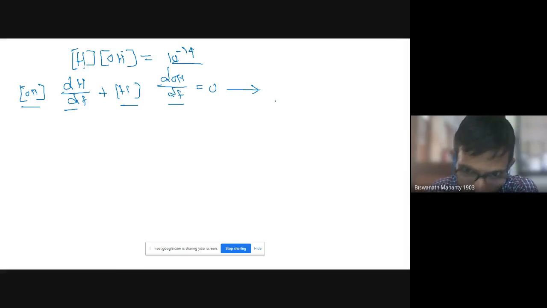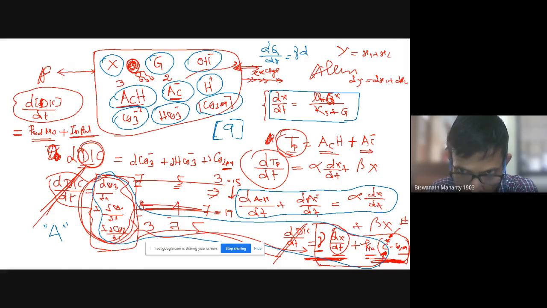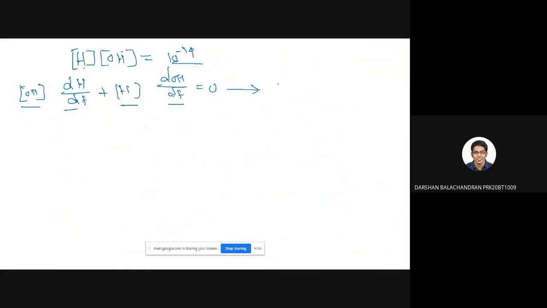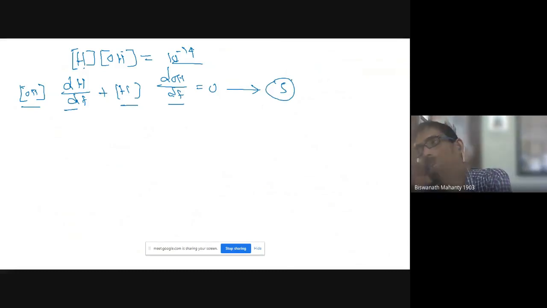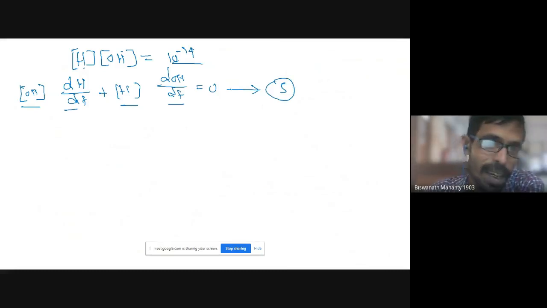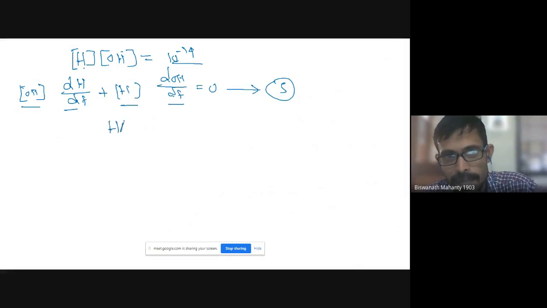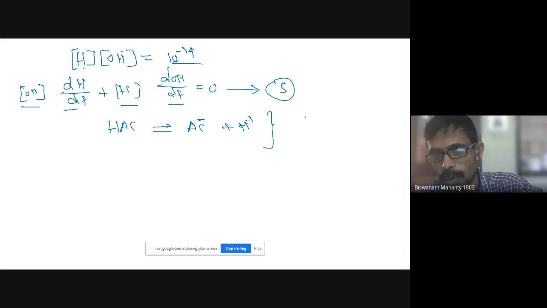So how many equations are now completed? 1, 2, 3, 4, and this one is 5. The fifth one is over. I need another 4. Okay, we can do it very easily. Now I will only use the equilibrium relationship. You see, acetic acid, this fellow is ionized. Do you think there is no equilibrium? Yes. So can I say that acetate times hydrogen by acetic acid is a constant?